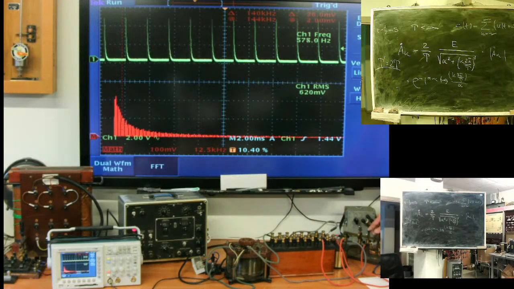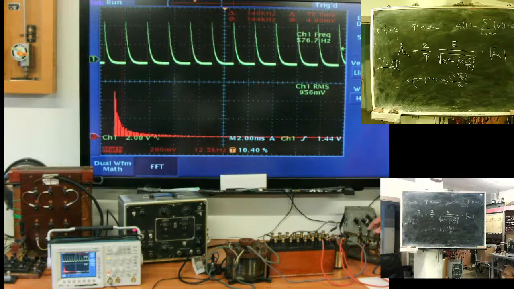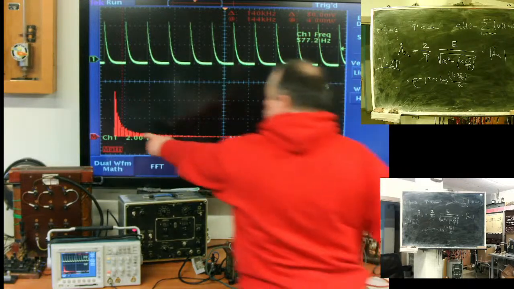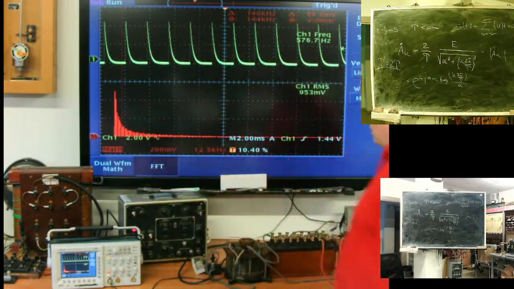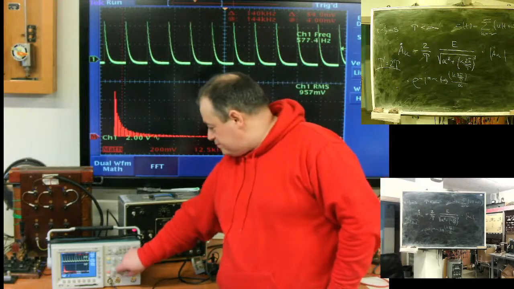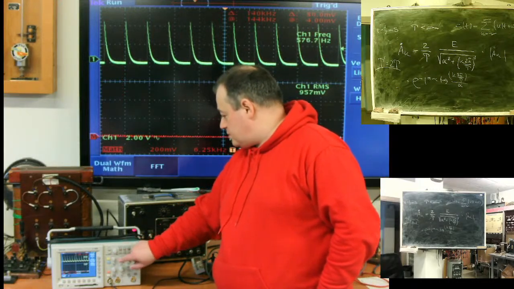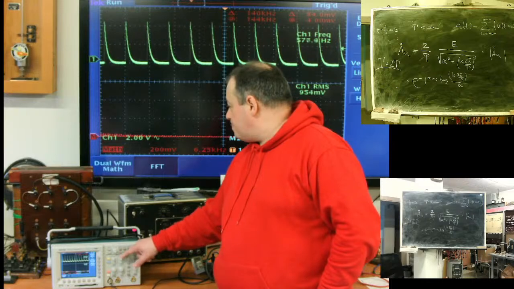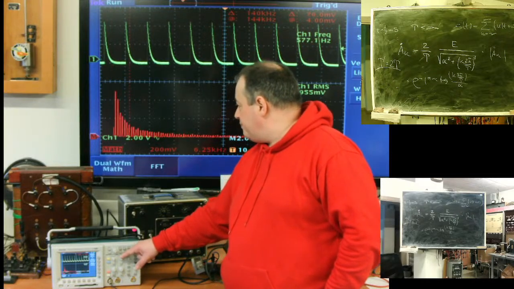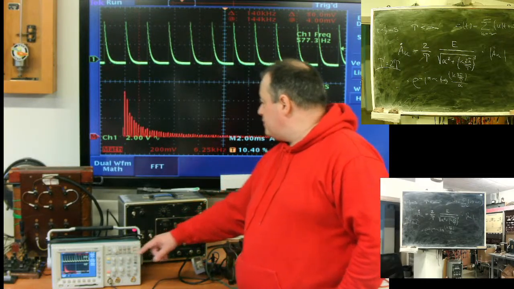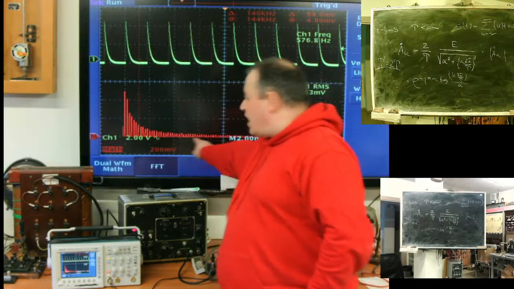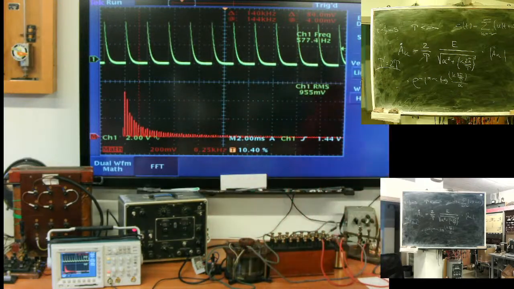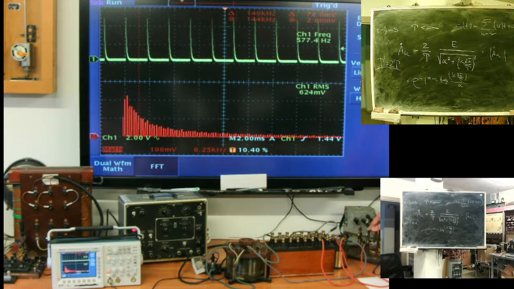And what happens with the spectrum? Slow changes, short spectrum. Slow changes, I need relative small frequency band for my signal. Sharp changes. You see what happens?